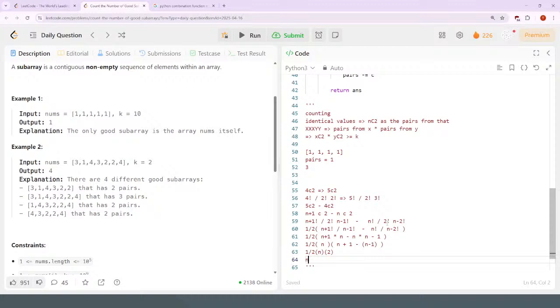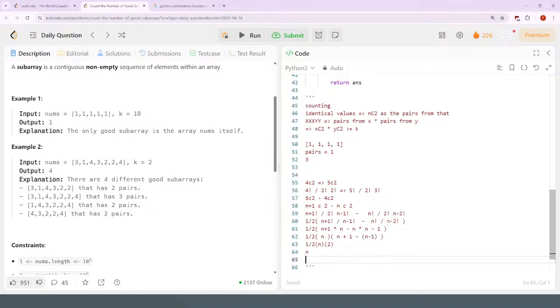But that doesn't seem right. 4 choose 2 is 4 factorial, 24, divided by 2, divided by 2, so that'd be 6. And then 5 choose 2 would be 5 factorial, which is 120, divided by 2, divided by 6. 120 divided by 6 is 20. I did something wrong here.